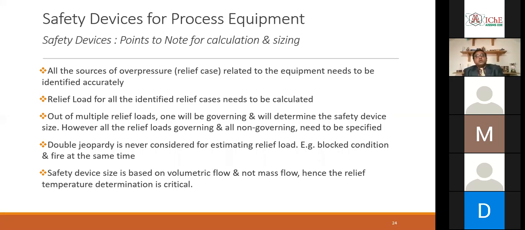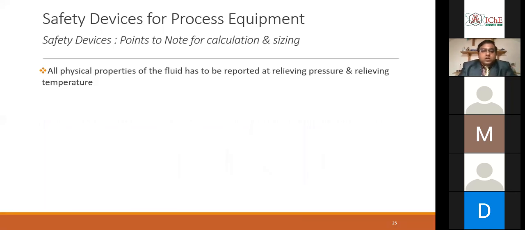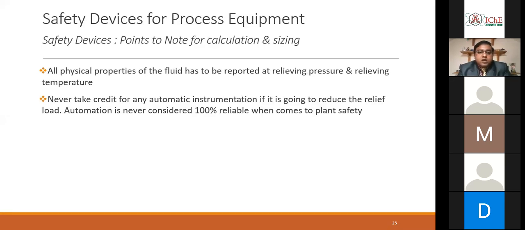The temperature, pressure, density and the Z factor all become very critical to size a PSV. So you have to keep in mind that it is the volumetric flow which determines the size and not the mass flow. All physical properties of the fluid have to be reported at relieving pressure and relieving temperature, as I explained.